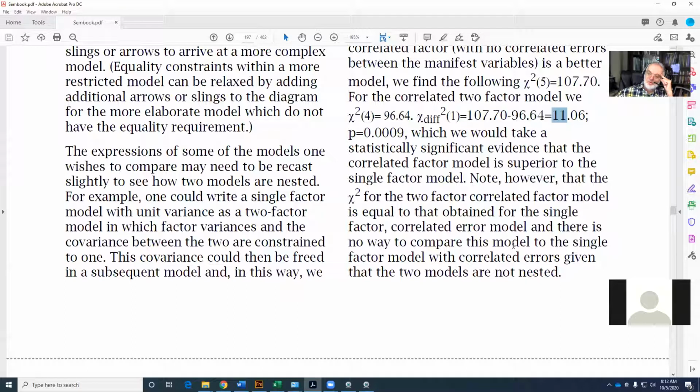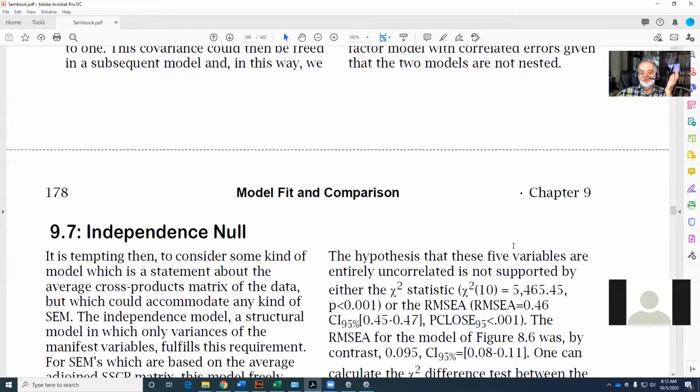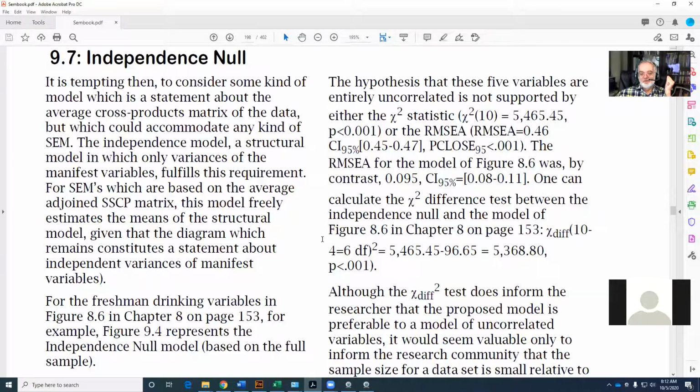Well, one thing that you can do, one model you could begin with, is the thought that all of my variables have variances and there are no covariances in the model, because any model I draw on top of that will be adding arrows to it. This is known as the independence null hypothesis.